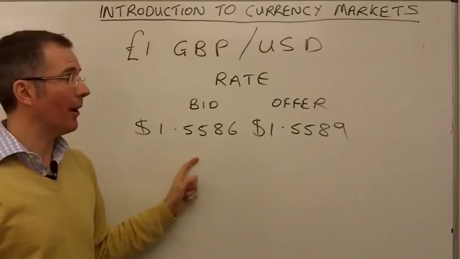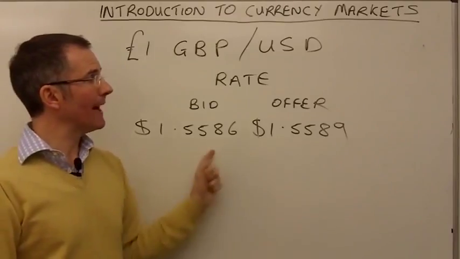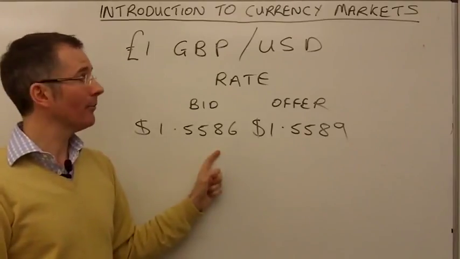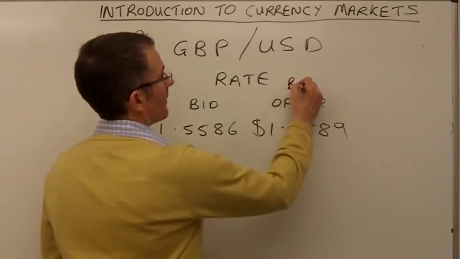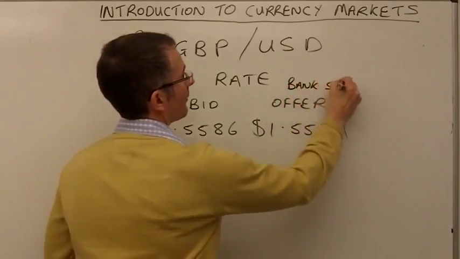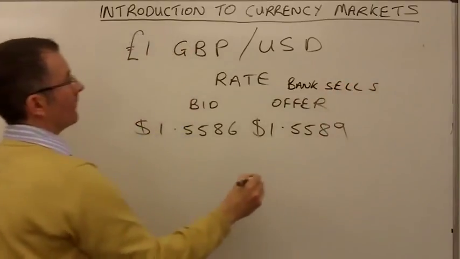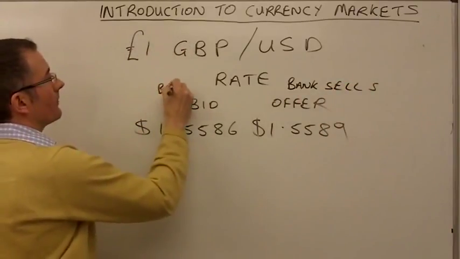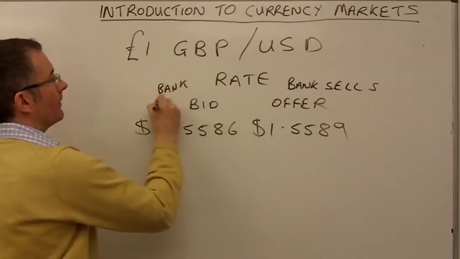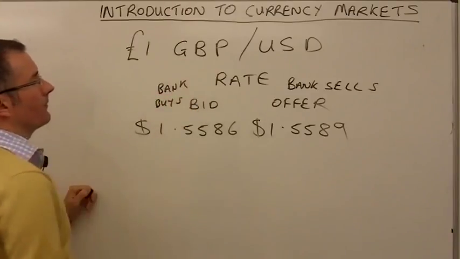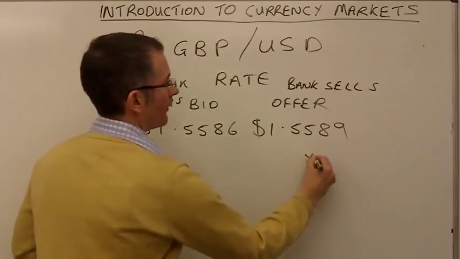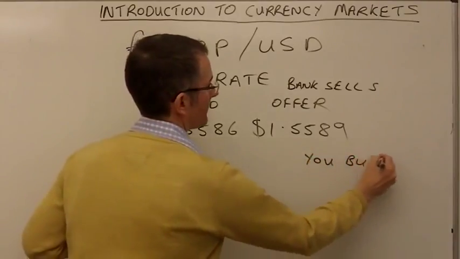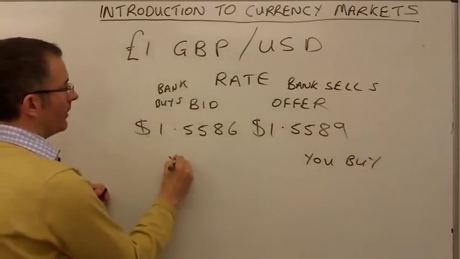This works in the foreign currency markets too. Whose rates are these? They're the bank's. So, in other words, that's the rate at which the bank sells, and this is the rate at which the bank buys. Or put it another way, from your perspective, this is the rate that you buy at, and this is the rate that you sell at.